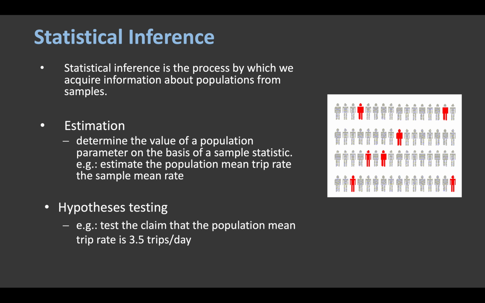Then there can also be hypothesis testing. So somebody told me that, okay, on average, each individual in the United States makes about 3.5 trips per day. That's your hypothesis. Then I'm going to gather some data from the sample and test, well, is this really true or not? That's testing this hypothesis.